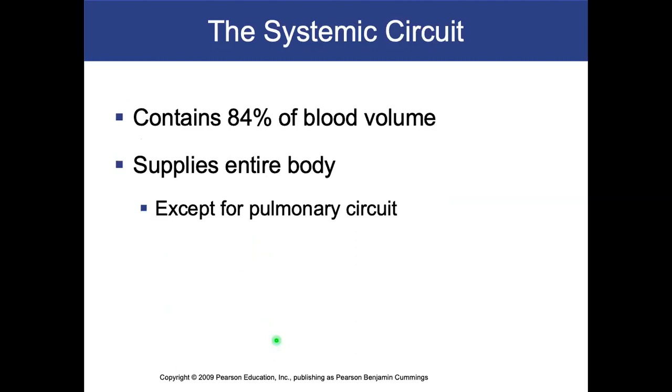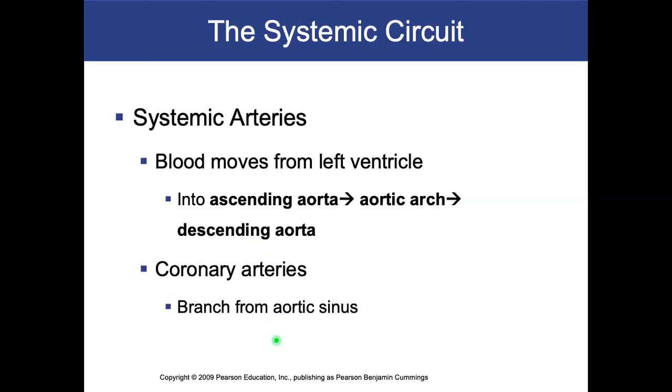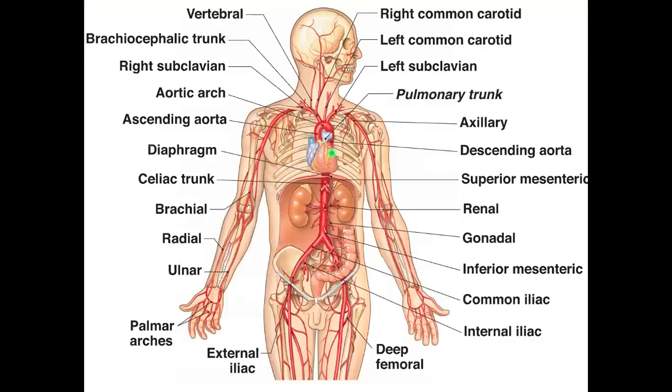Contains 84% of blood volume, supplies the entire body except for the pulmonary circuit, which would be the systemic circuit. Systemic arteries, blood moves from the left ventricle into the ascending aorta, aortic arch, and descending aorta. The coronary arteries branch off from the aortic sinus. So here's the ascending aorta, aortic arch, descending aorta.